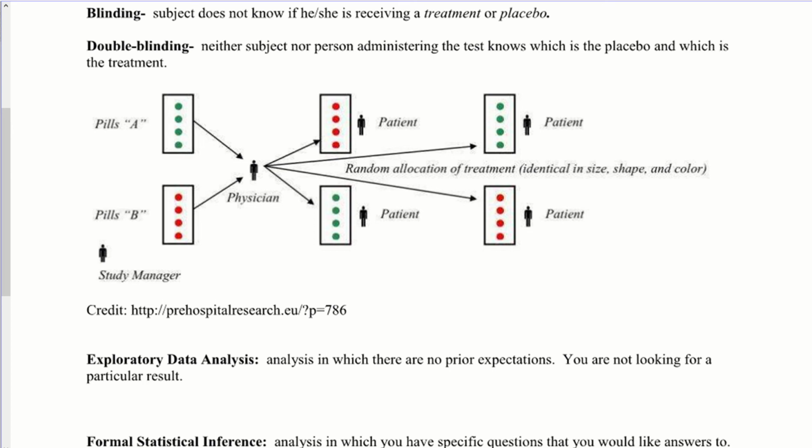How are you feeling? Well, not good, because you gave me a placebo. Is the antidepressant helping? No, because you gave me a placebo. Is the antidepressant helping? Yeah, because you gave me an antidepressant. That's just how people are. So we blind it so that you can get more honesty in their answer.